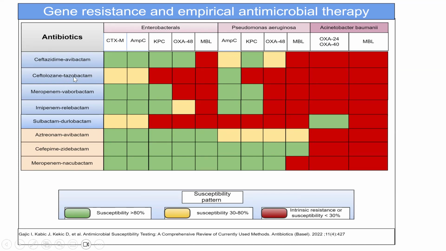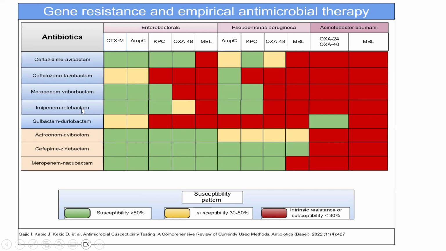Ceftolozane-tazobactam covers cephalosporin-resistant enterobacterales like CTX-M and AmpC, but has no effect on the enterobacterales that are resistant to the carbapenem. It has an excellent effect against non-carbapenemase-producing Pseudomonas, but no effect on carbapenemase producers like KPC, OXA-48, and metallo-beta-lactamases.